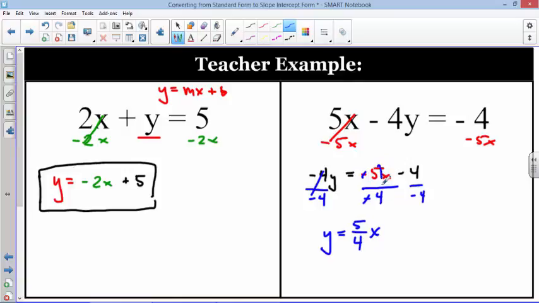Here I know there's a fraction, 5 over 4, and this is being multiplied by x, so I can write it like this. And then I have a negative 4 divided by a negative 4. That's going to give me a positive 1, because these cancel out. And I'm finished. So my slope-intercept form is now y equals 5 over 4x plus 1.